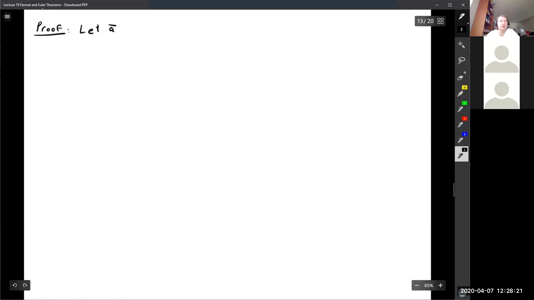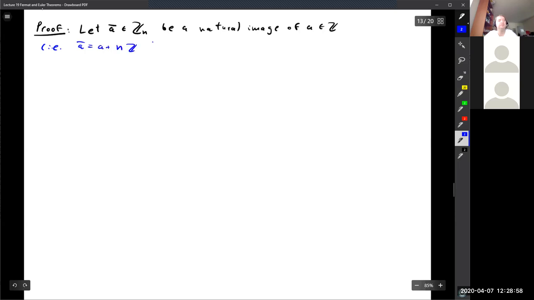So let A bar in Zn be the natural image of A in Z. In other words, A bar is nothing but A plus nZ, the coset.